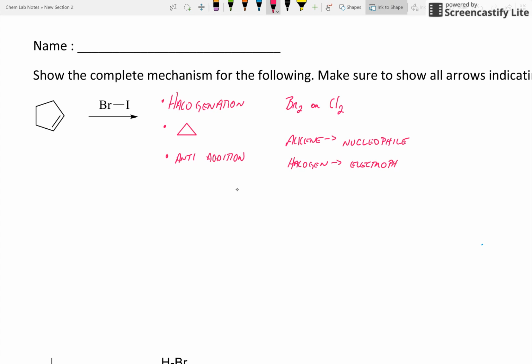So in all of the stuff in chapter 6, the alkene is acting as a nucleophile. It is looking for something positive.